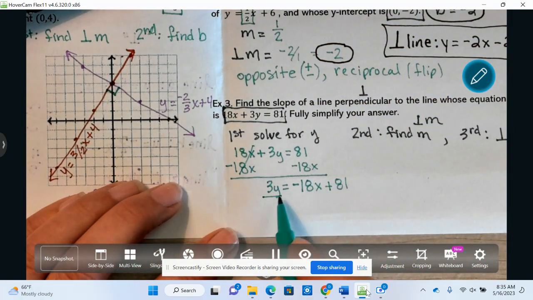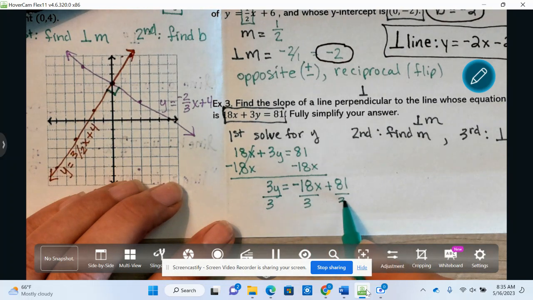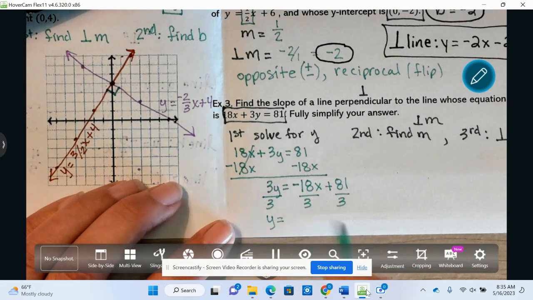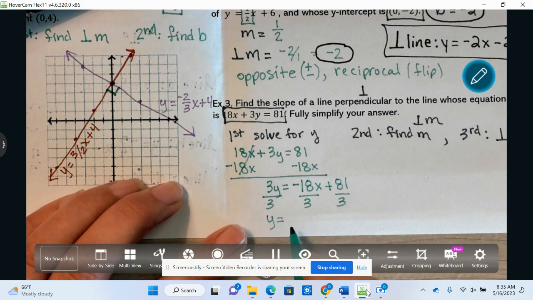Yeah, divide everything by the number attached to the y term, which is a 3. We're dividing everything by 3. So y equals, let's see, negative 18 divided by 3 is negative 6x. And positive 81 divided by 3 is 27.